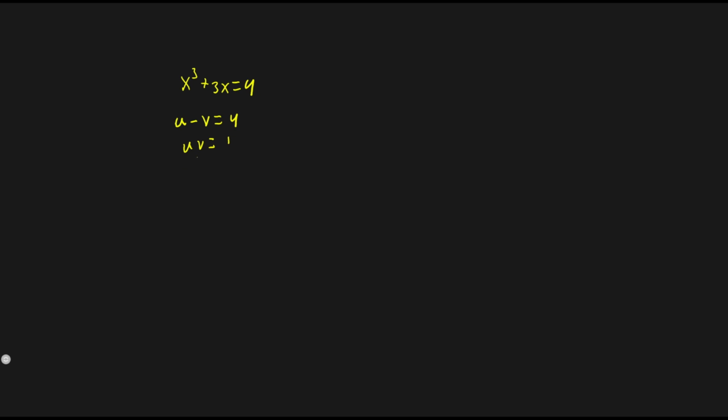So we will solve for u. And since we're solving for u, we have to use x is equal to the cube root of u minus the cube root of v. So we're going to solve for u from our second equation. So we get u is equal to 1 over v.